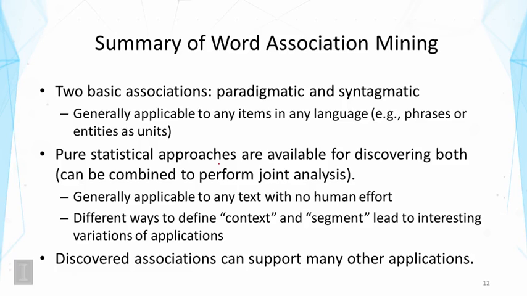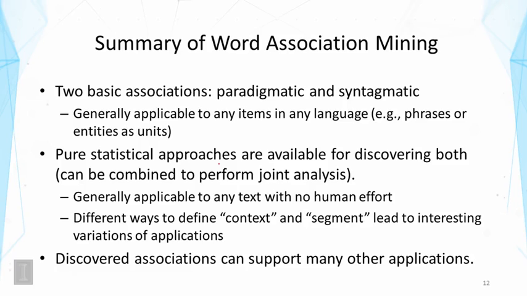We can also use different ways to define context and segment, and this would lead to some interesting variations of applications. For example, the context can be very narrow, like a few words around a word, or a sentence, or maybe paragraphs. And using different contexts would allow us to discover different flavors of paradigmatic relations.